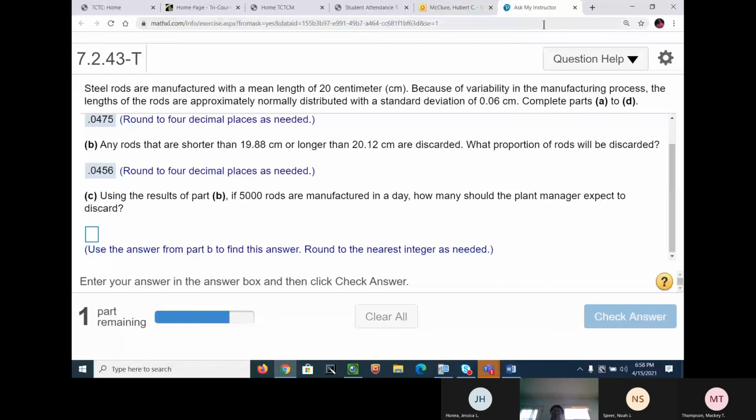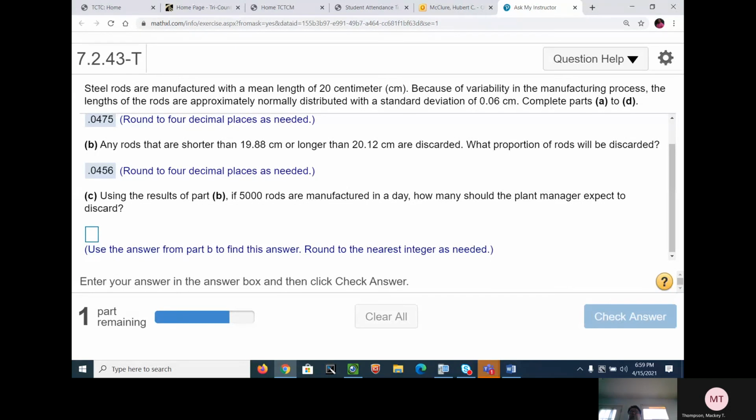Everybody needs to leave, so I don't have to force you out for leaving the computer. Go ahead and leave, everybody. Spear and Thompson. Good, good.